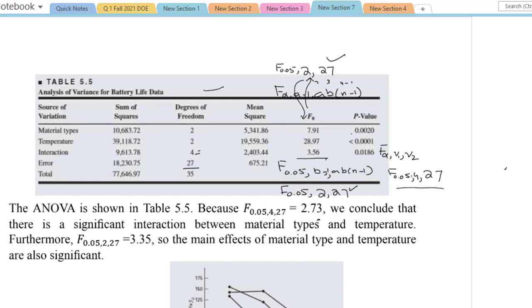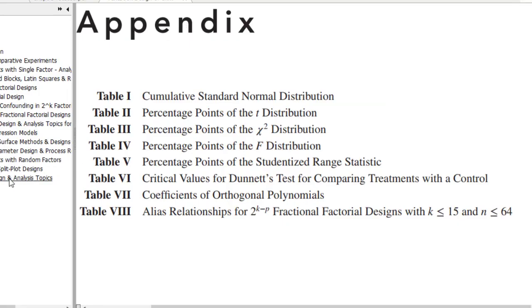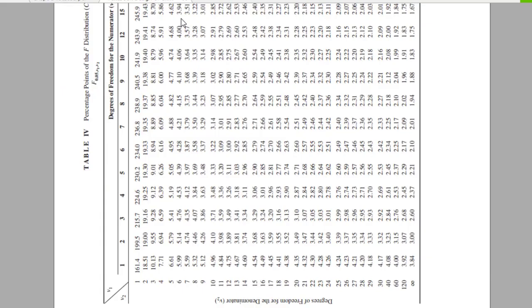This value will be used to check whether our interaction is significant or not. I am going towards the table, and we will have to check these three values. Keep in mind that these are the values that will tell us whether our factors and their interaction are significant or not. You can see in the appendix of the book that Table 4 is the percentage points of the F distribution. Unfortunately this table is in landscape mode in the book, so please open your books while watching these videos.